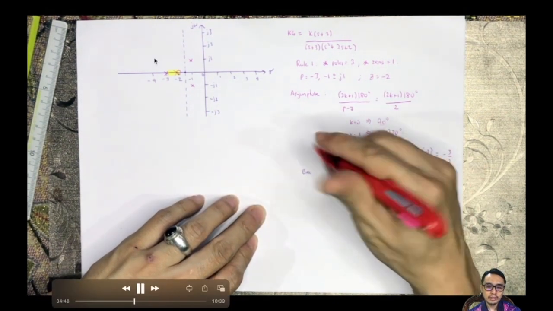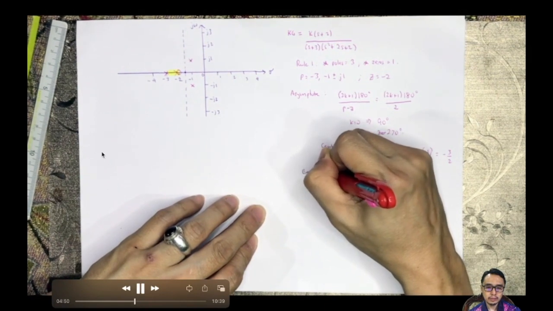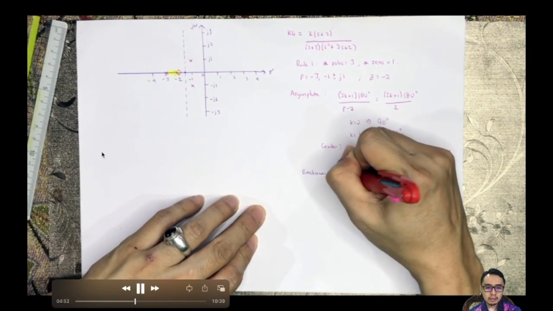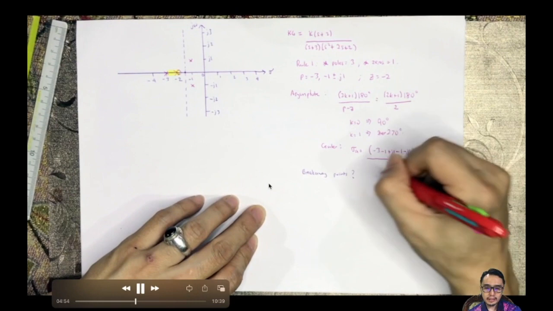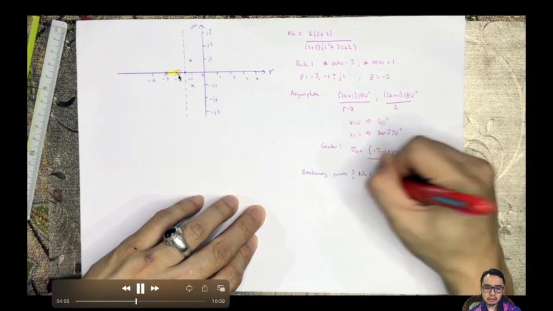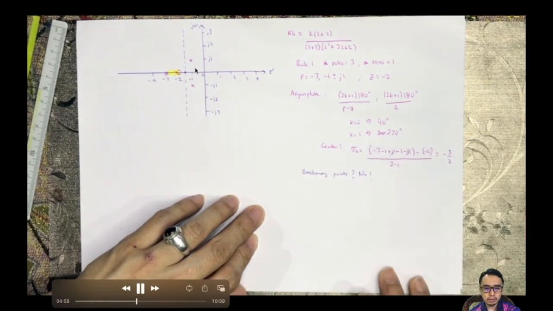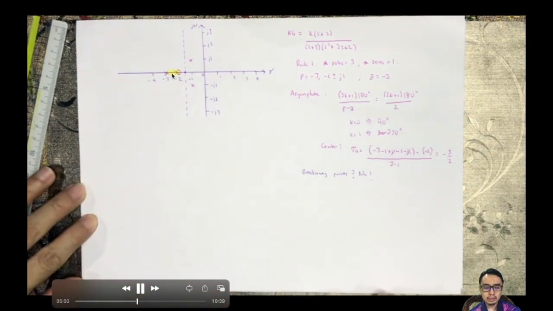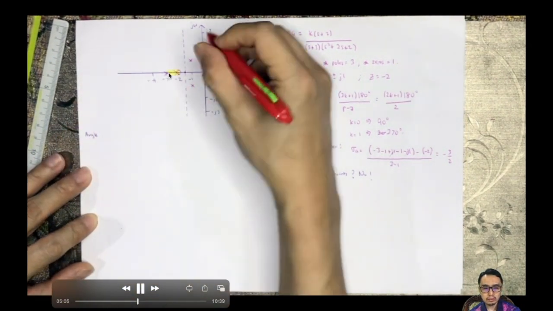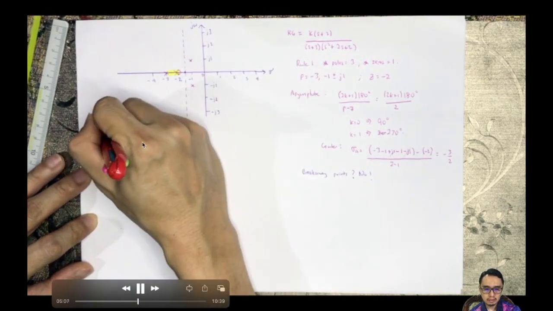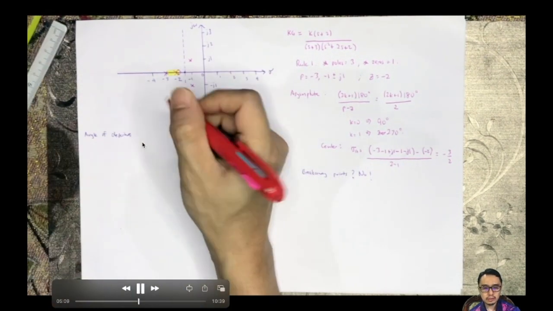We want to find the angle of departure at this particular point. Oh, before that, are there any breakaway points? Okay, there are no breakaway points because there are no poles. The only locus is here, so there are no breakaway points.